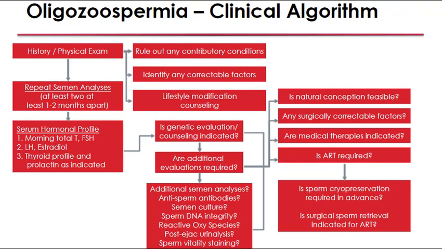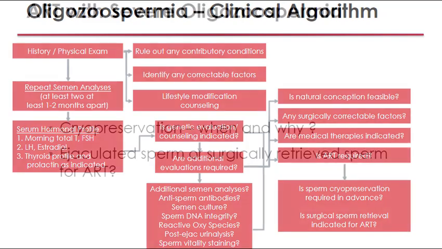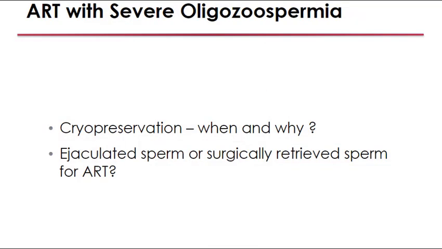If assisted reproduction is required, 2 additional issues may come up in some cases of oligozoospermia. First, should sperm be cryopreserved in advance? And second, is surgical sperm retrieval required rather than using ejaculated sperm for assisted reproduction?